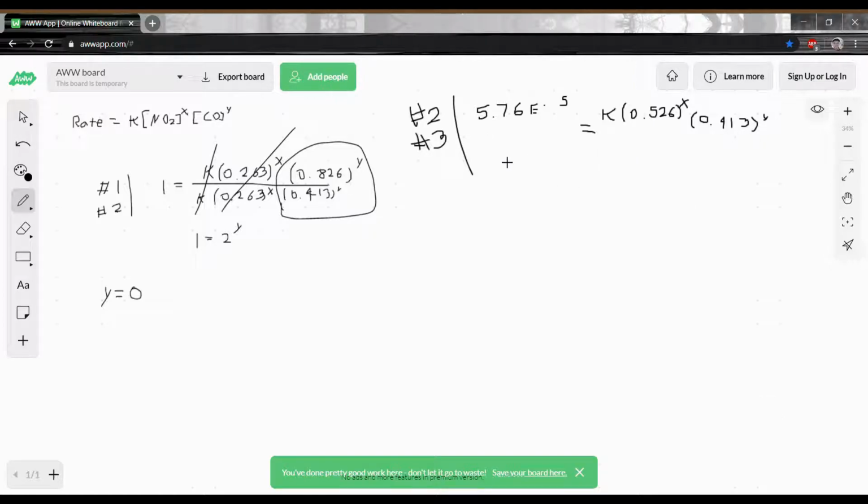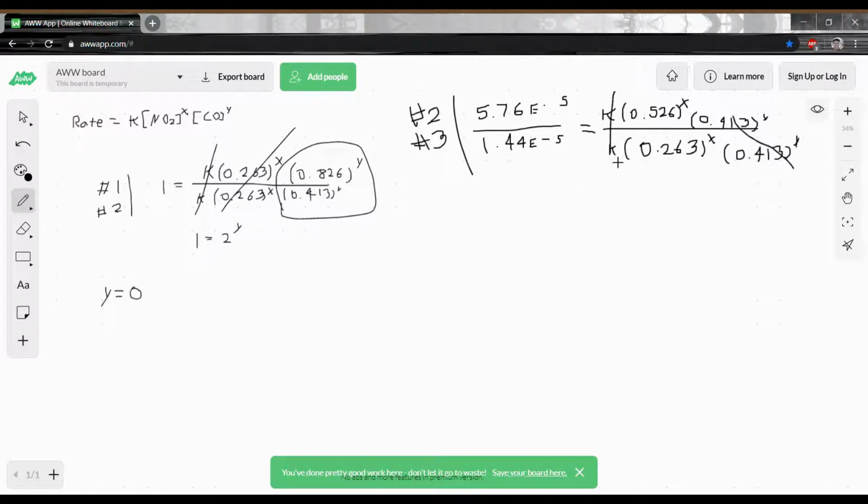Now, to plug in trial number 3 data, we have a reaction rate of 1.44 e to the negative 5. And that's going to equal K times the concentration of our NO2, which is 0.263 raised to the x times 0.413 raised to the y.